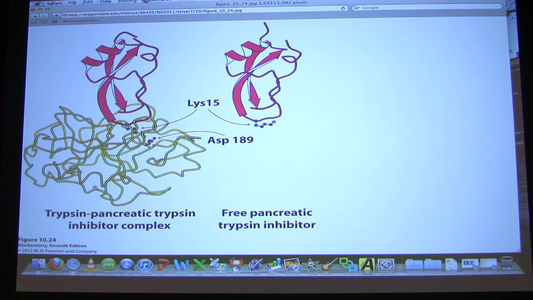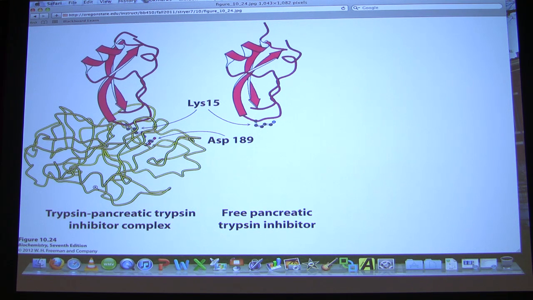What is alpha-1 antitrypsin? Alpha-1 antitrypsin is a protein that acts kind of like that regulatory protein of protein kinase A. It will sit on trypsin in the active site and prevent trypsin from breaking other proteins down.